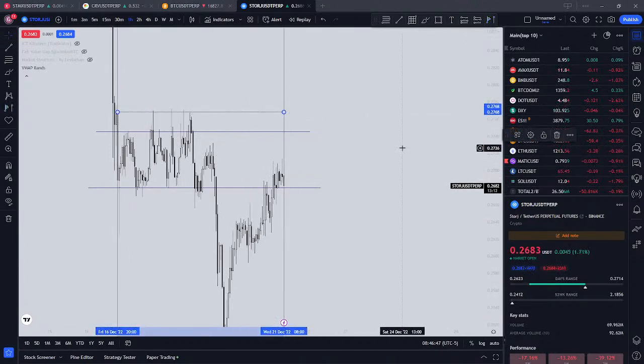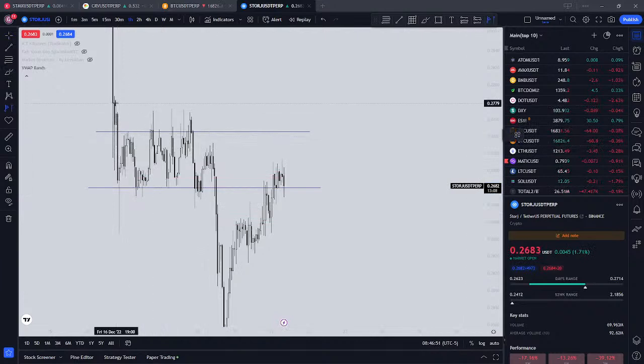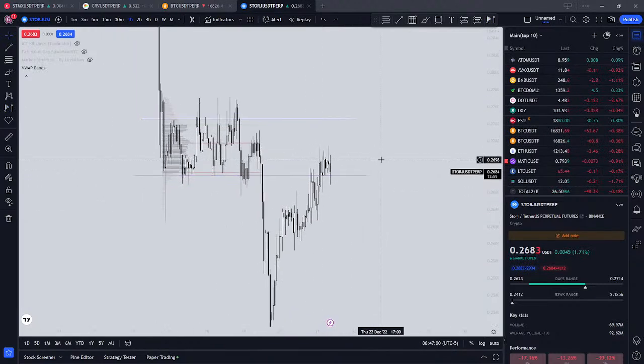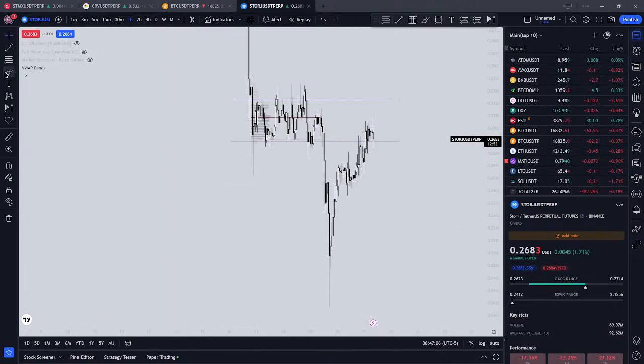Let's have a look at the range before this volatility. I wouldn't necessarily short this right after it's taken the liquidity below. I don't think it's a very smart thing to short on this time frame at least.